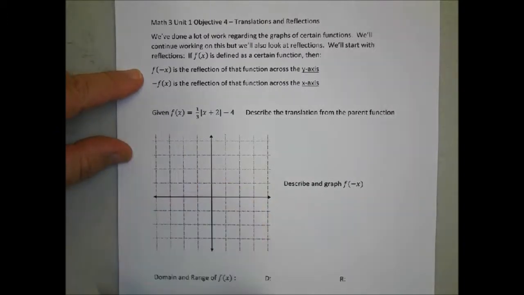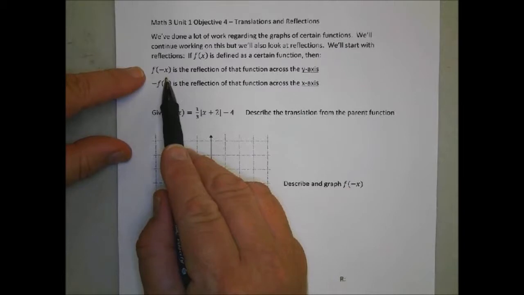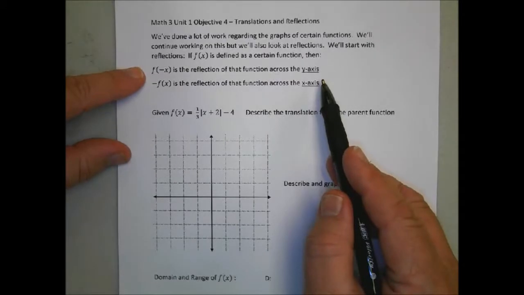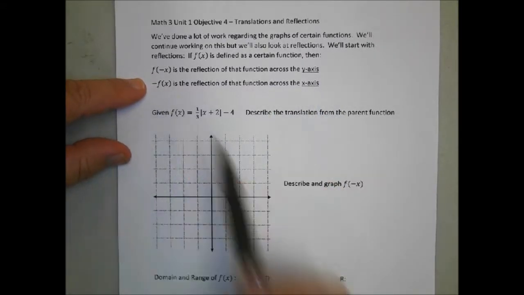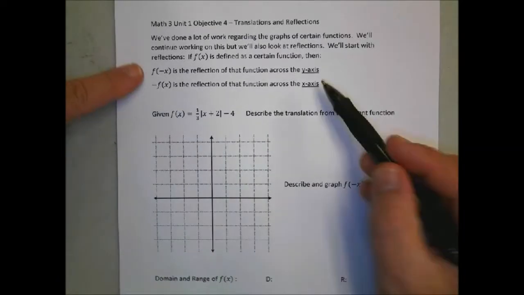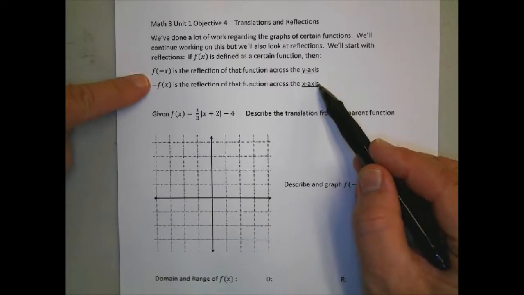If you were given any function, such as f of x, and then you were asked what is f of negative x, well, that would simply be the graph of that function reflected across the y-axis. What if you were asked for negative f of x? That would be the graph of the reflection of that function across the x-axis. So these two instructions are really important.